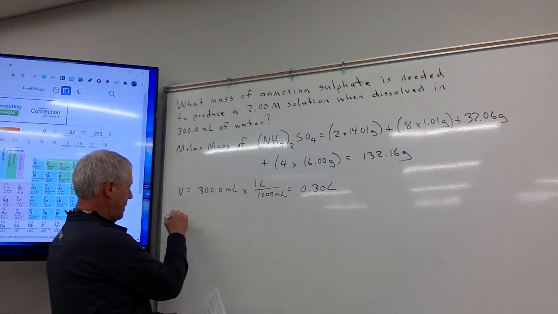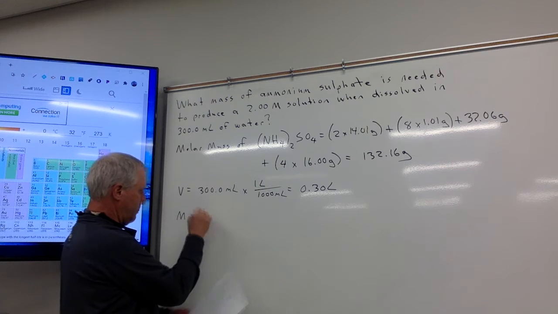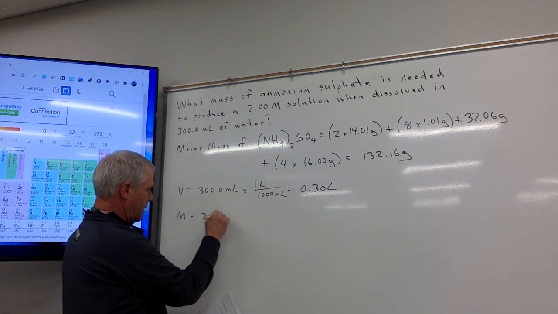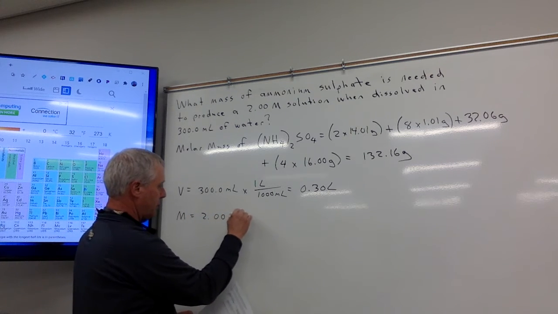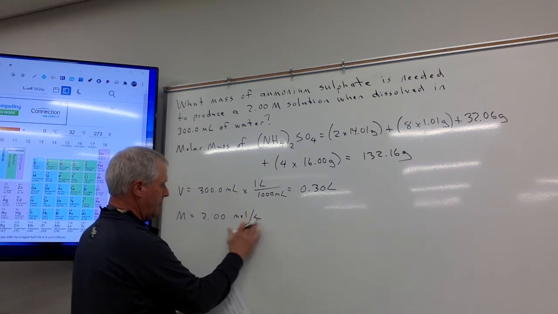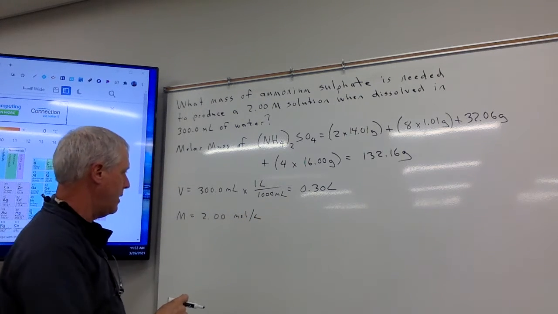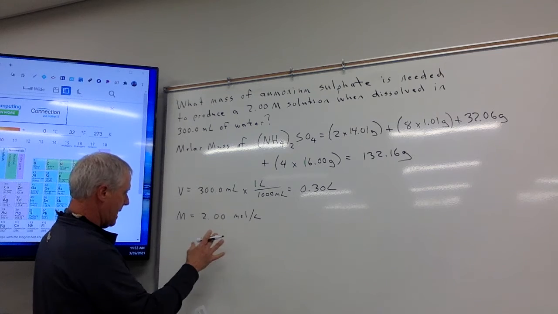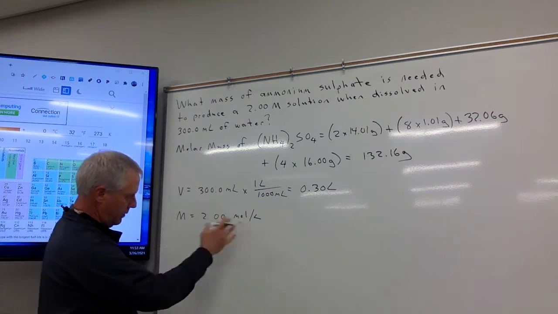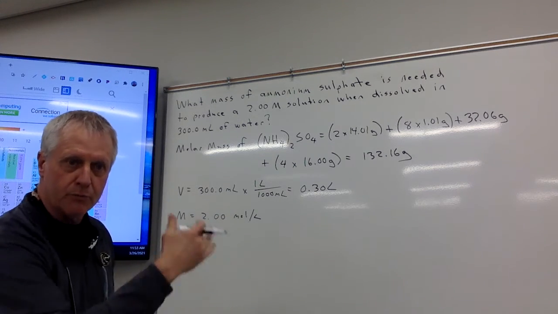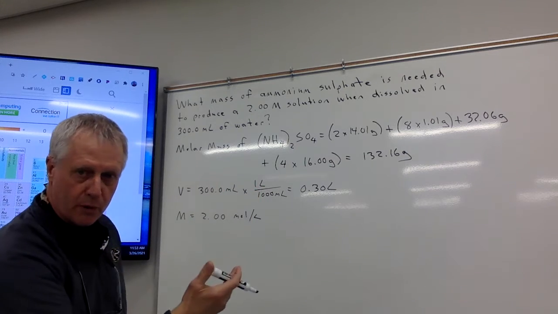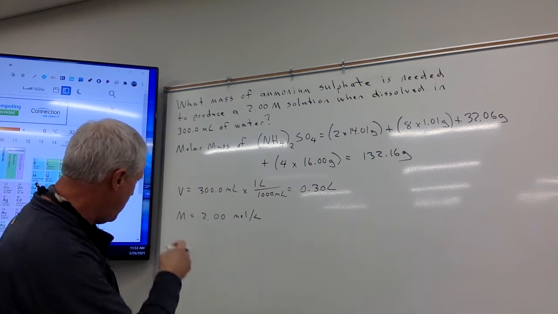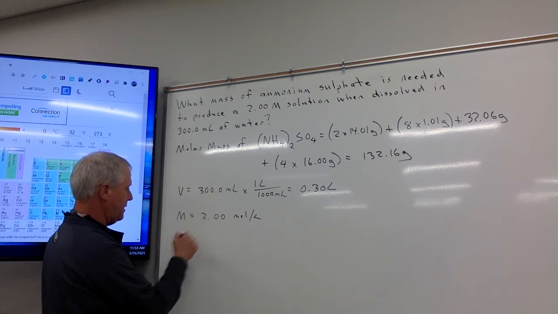And then our molarity that's given in the problem is 2.00 moles per liter. And so when we talk about our equation for molarity, we know that molarity equals the number of moles per unit volume, or liters. And so we need to determine the moles.